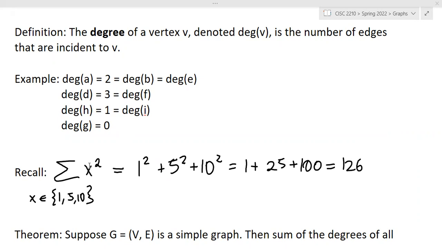So x is first 1, then 5, then 10, and you add them all together. You have 1 squared, 5 squared, and 10 squared, and you get 126. So we've seen that notation before, and we're going to use it very shortly.